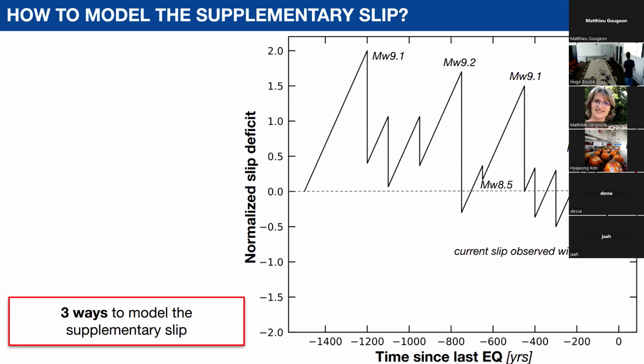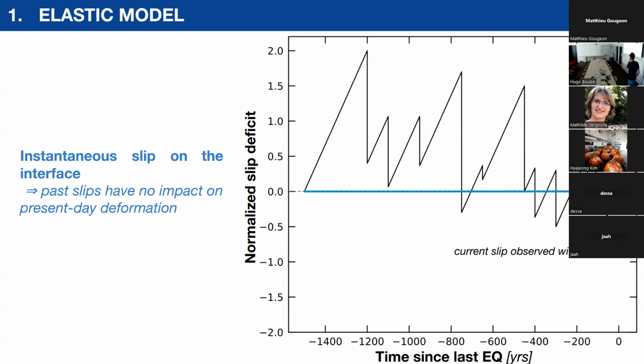So how to model this supplementary slip? Because maybe in some regions we have quite a good knowledge of the seismic history, but when it comes to the past, it starts to be very difficult to constrain. The first way is to use an elastic model, what we are all doing when we are inverting a coupling map.